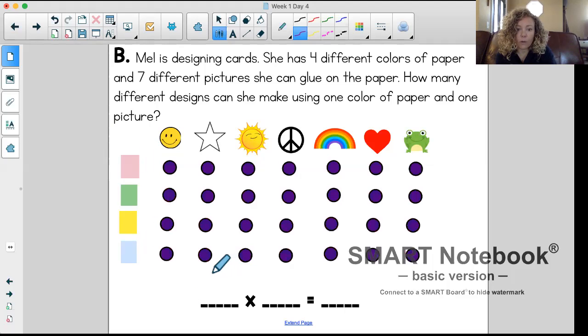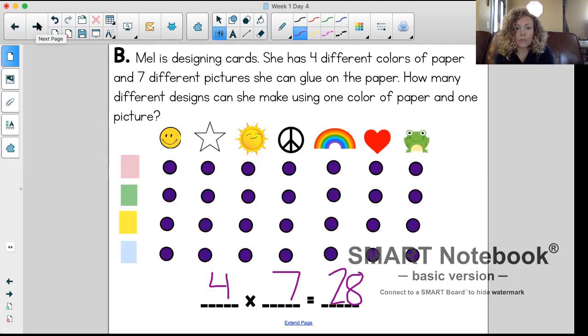So we have 4 rows and 7 in each row. So we are multiplying 4 times 7. You can skip count by 4 7 times, or skip count by 7 4 times. Either way, you will get 28. There's 28 different cards that she can make when she uses all the different colors and pictures.